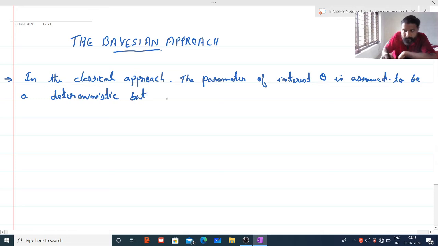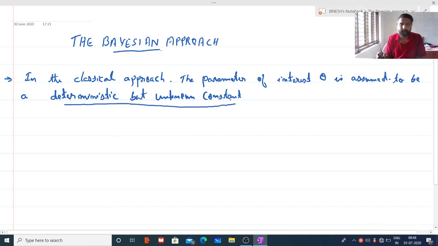Underline that word: deterministic but unknown constant.